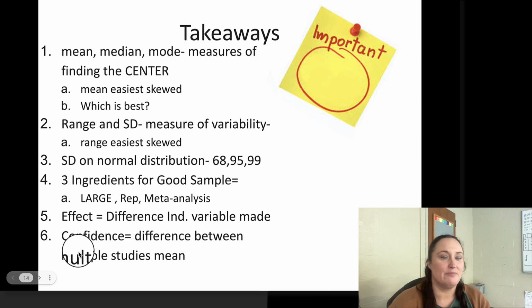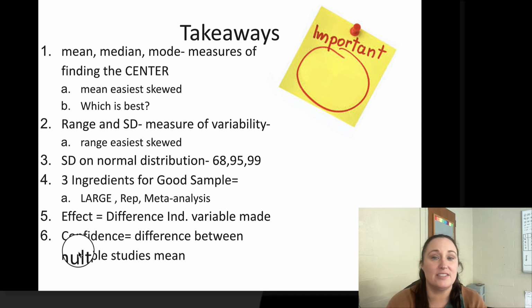Okay, so your takeaways: mean, median, and mode are measures finding the center. Which one is the most easily skewed? You do need to know that because they do that a lot, it is the mean, right? Elon Musk walks into the Starbucks, everyone's a billionaire if we're looking at the mean. Range and standard deviation, the easiest one skewed is the range, so we look at standard deviation.